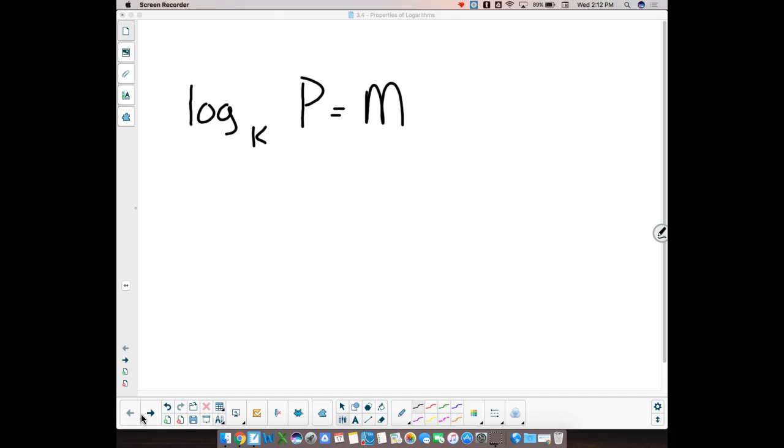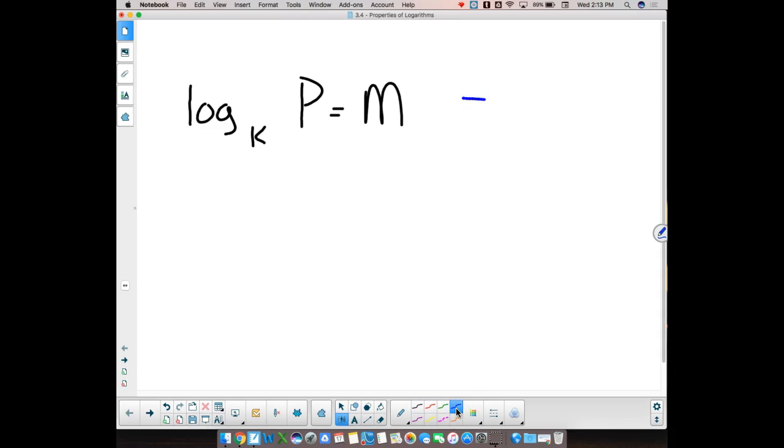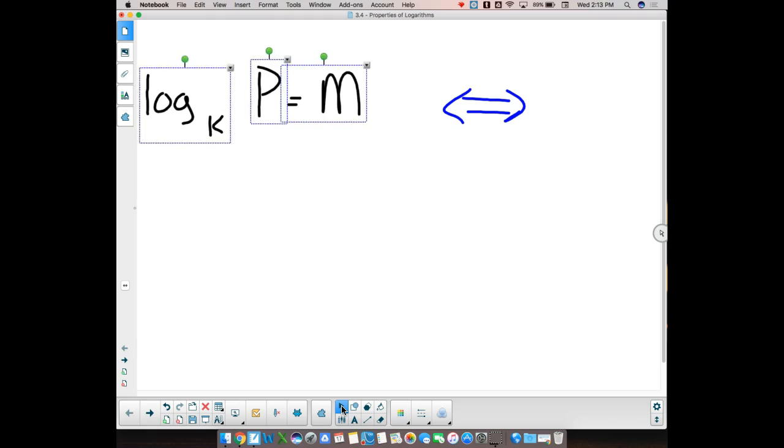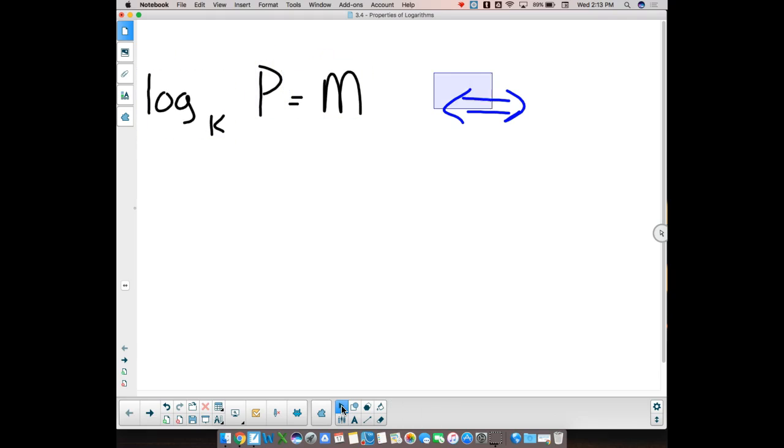Okay, log base k of p equals m means the exact same thing as what? Means the exact same thing as what?